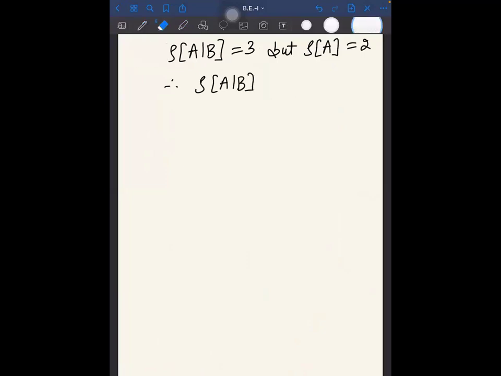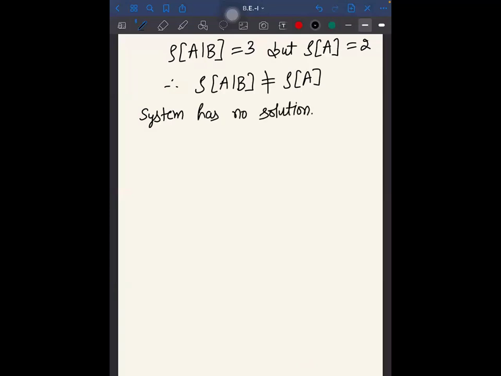So you say that therefore rank of AB is equal to 3, but rank of A is equal to 2. Therefore, rank AB is not equal to rank A. So, system has no solution. Right?